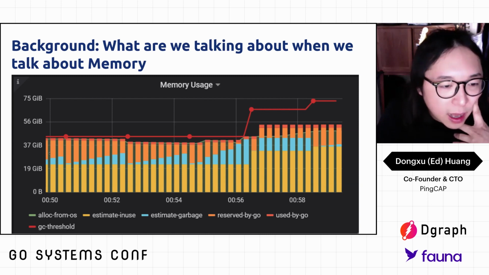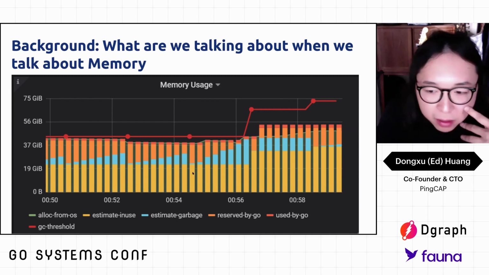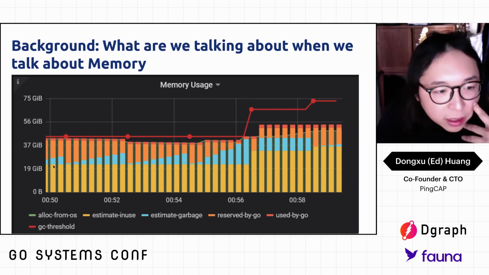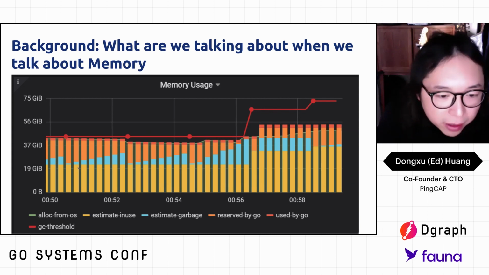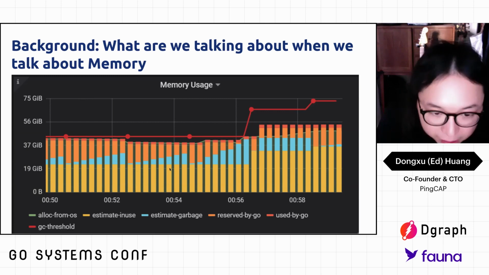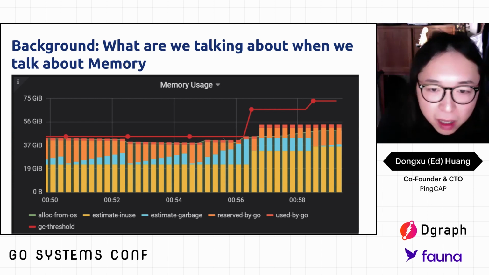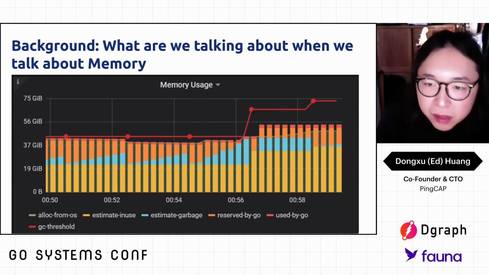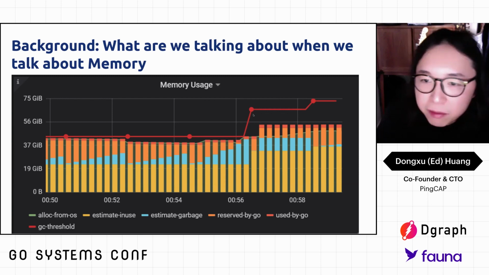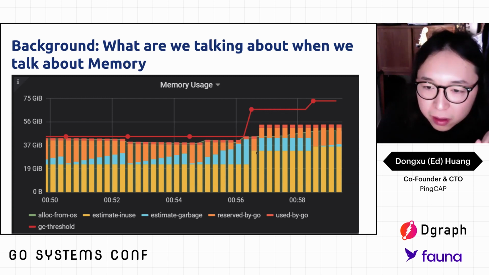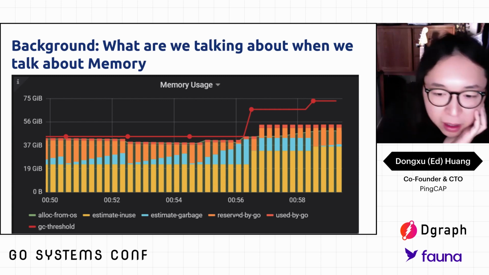As we can see, the yellow part is the actual memory we are using, and the red line with the dots is the GC threshold. The GC threshold is always 2 times, and it is configurable, compared to the memory actually in use.